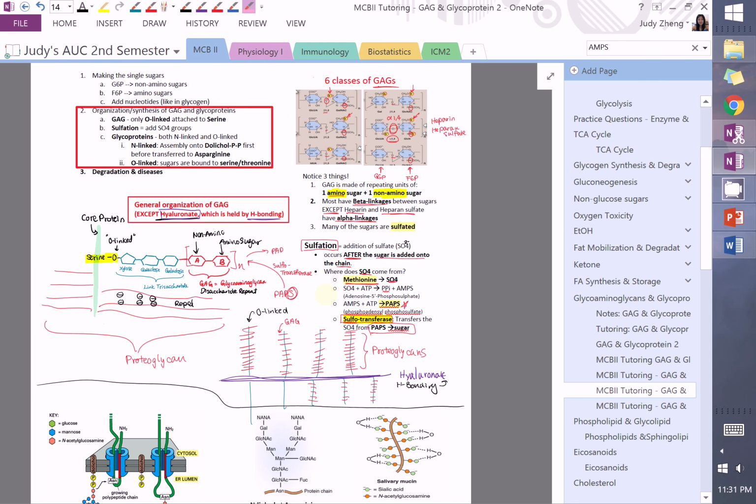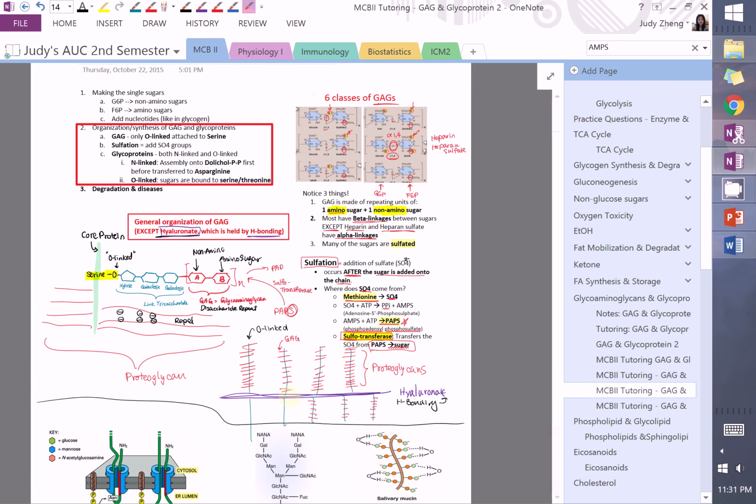It's important for antigenicity and as a cell marker. They're also found on immunoglobulins, where it's very important for their specificity and their function. So it's more of a cell recognition type of function, rather than being in the extracellular matrix in the case of proteoglycans.